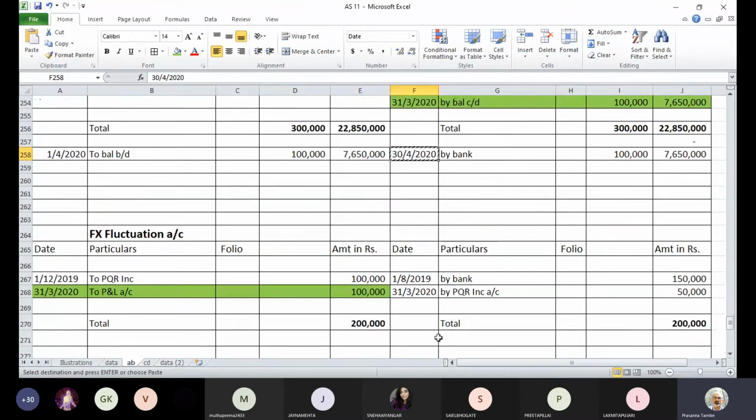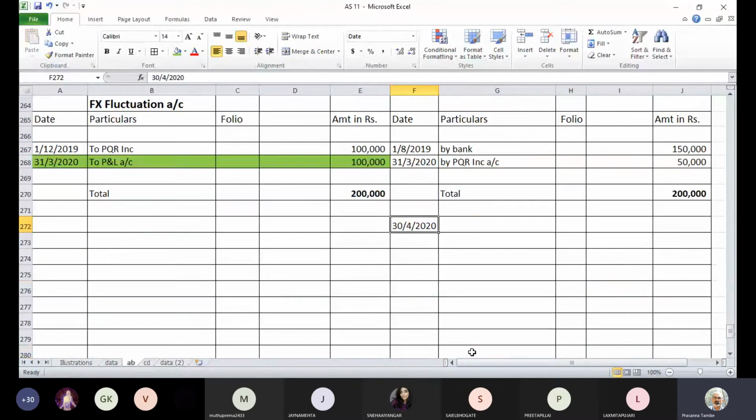So that excess which you have received is actually a gain. So there will be one more entry by bank in FX fluctuation account. This will be your gain of 1,50,000. 1.5 per dollar and $1 lakh are received. So your total gain will be credited here at 1,50,000.